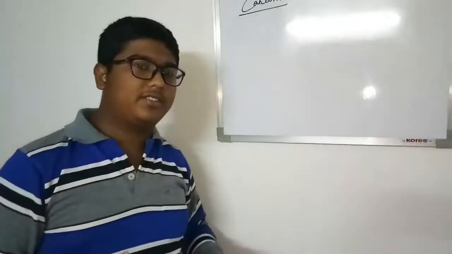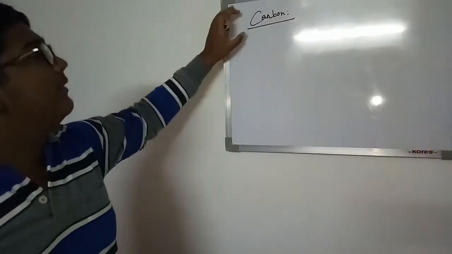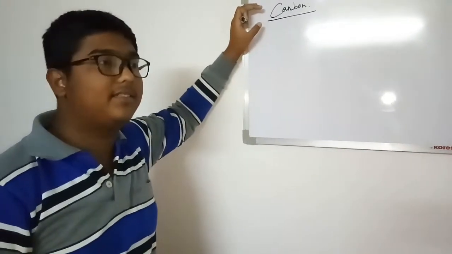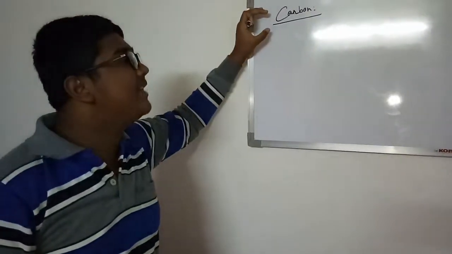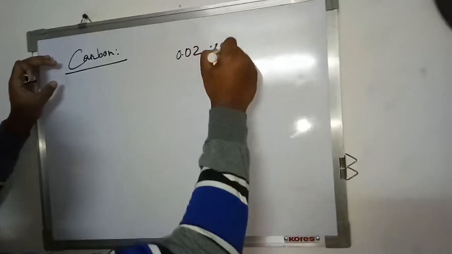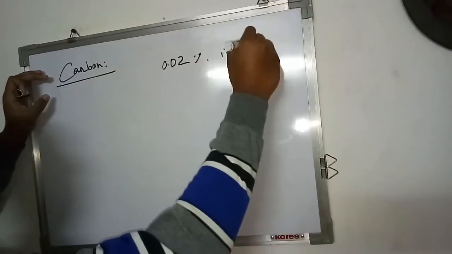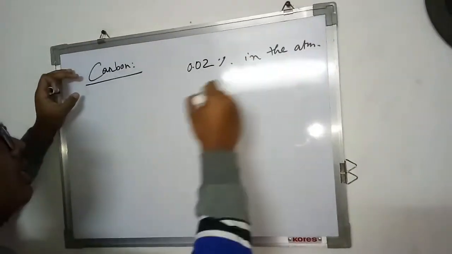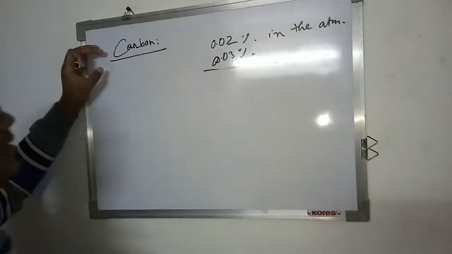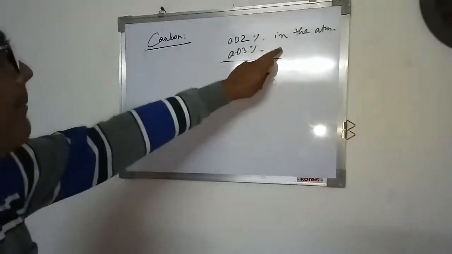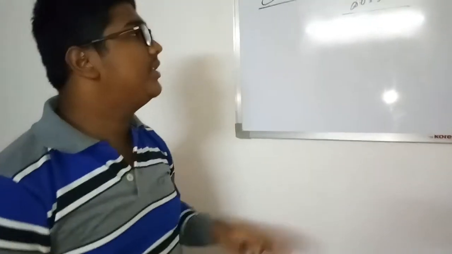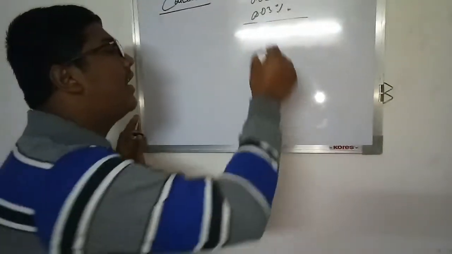Yes, it is blackish, definitely. But actually, in the earth there is negligible carbon, only 0.02% in the atmosphere and 0.03% in other spaces. But if we study the human structure, the internal structure, we can find carbon everywhere.